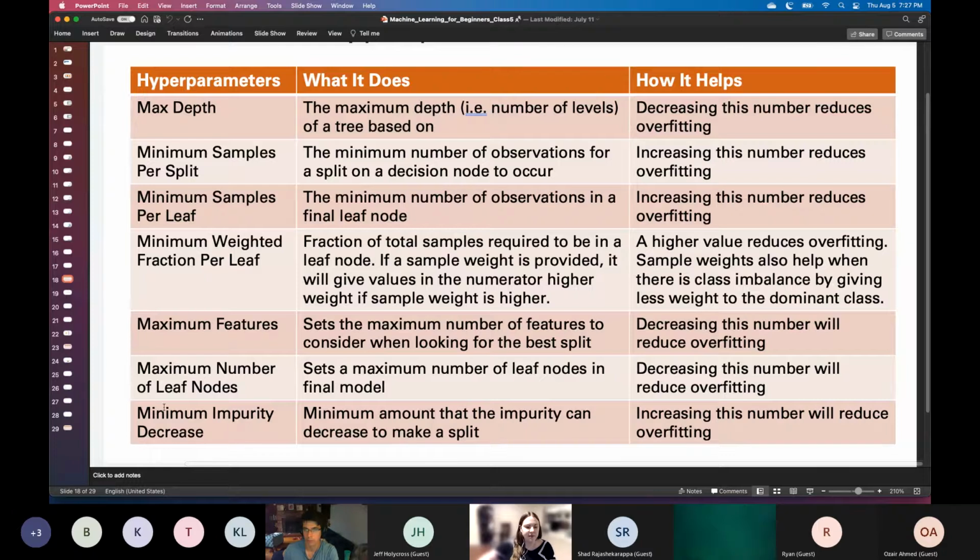So what this does is the minimum impurity decrease. Every time you go to another level of your decision tree, your impurity hopefully decreases, and when you make that split, you make those nodes more pure. This one makes it so that once your impurity hits a certain level, it stops your model.